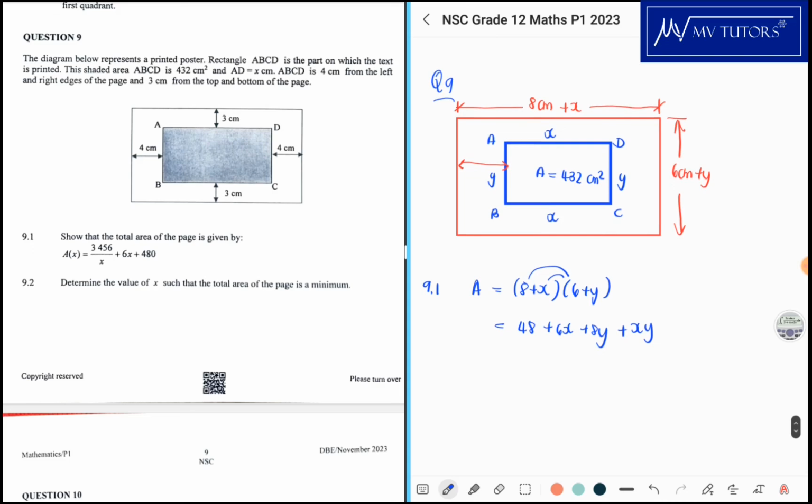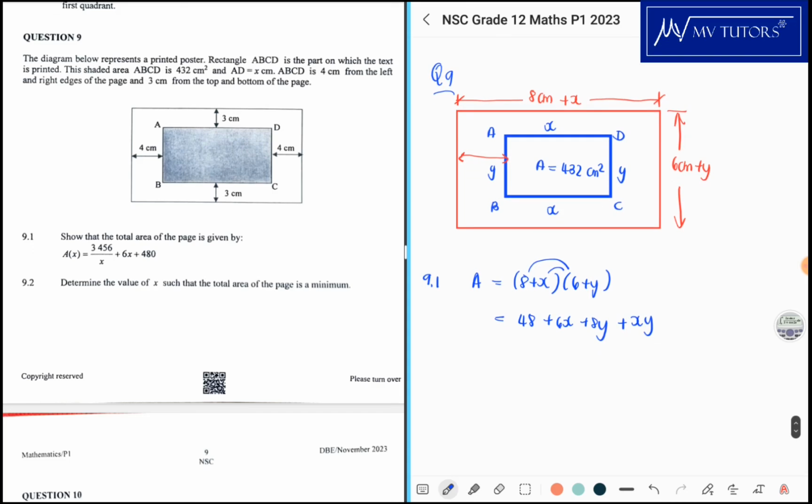Now what else do I know? The area for the big rectangle, and then the area for the small rectangle, that's actually x times y.